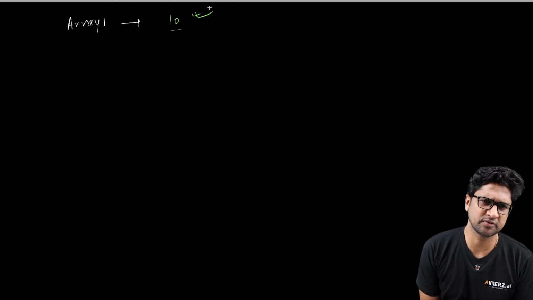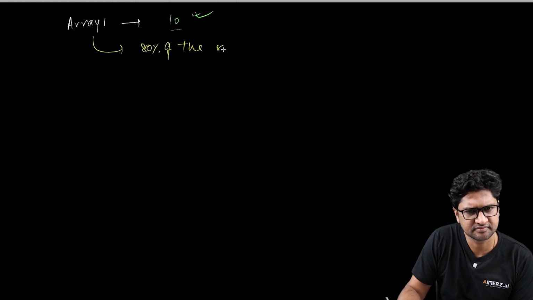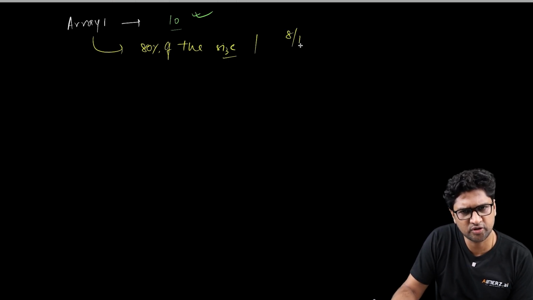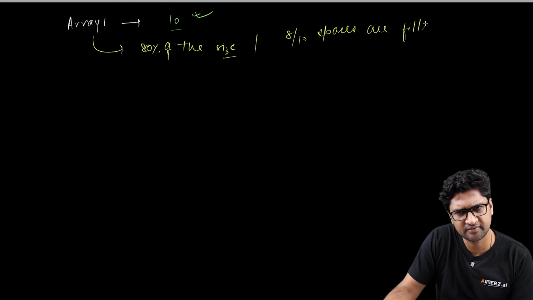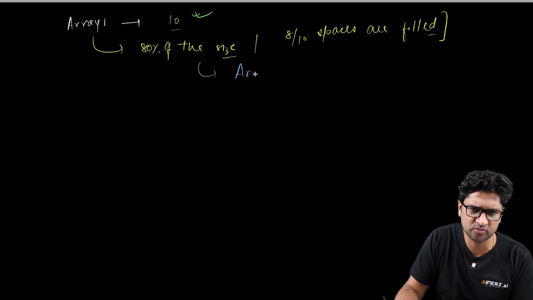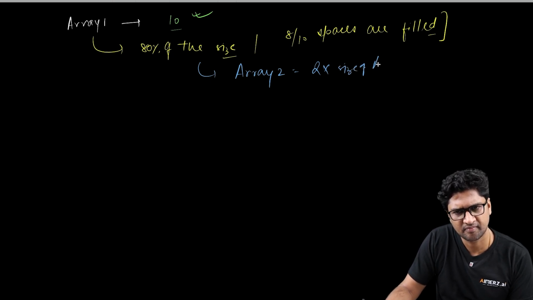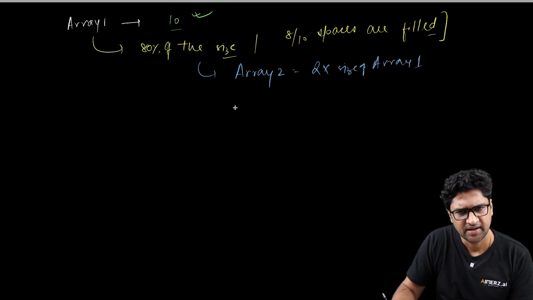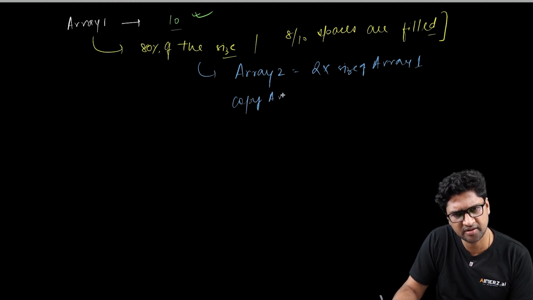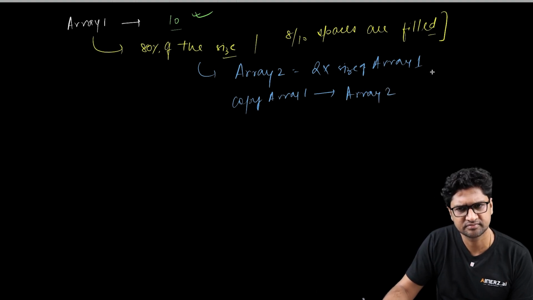The approach people normally take is that as soon as you have filled, say, 80% of the size, which means 8 out of 10 spaces are filled, we define an array 2 which is 2 times the size of array 1, and then copy array 1 data to array 2.